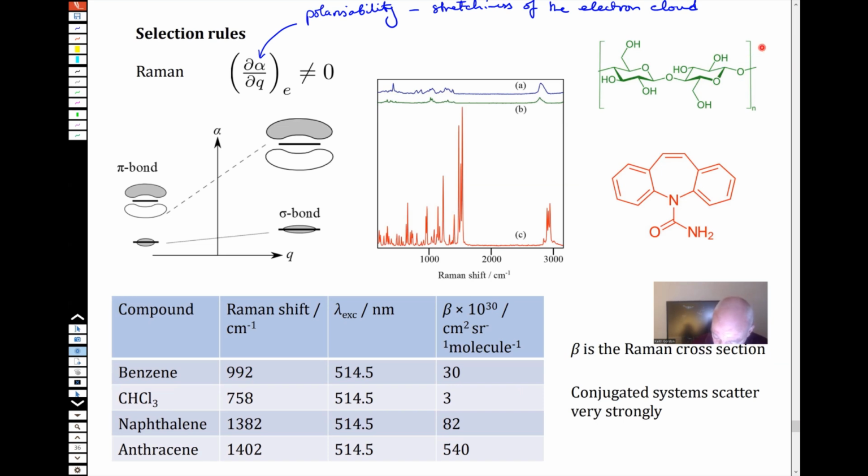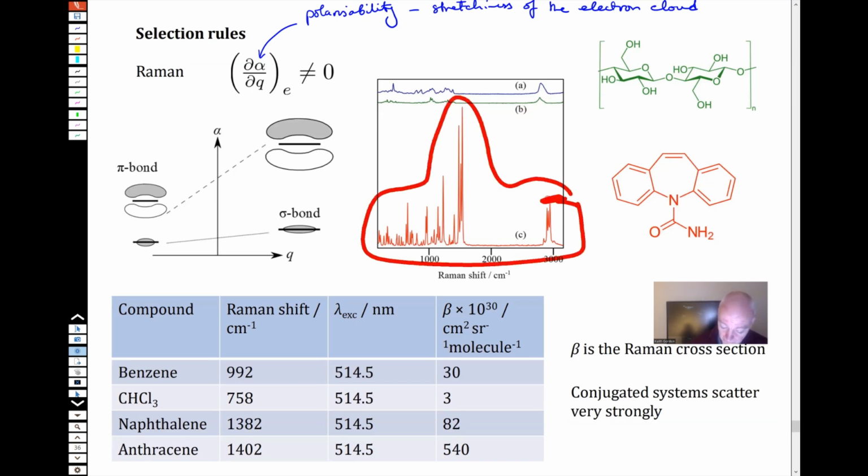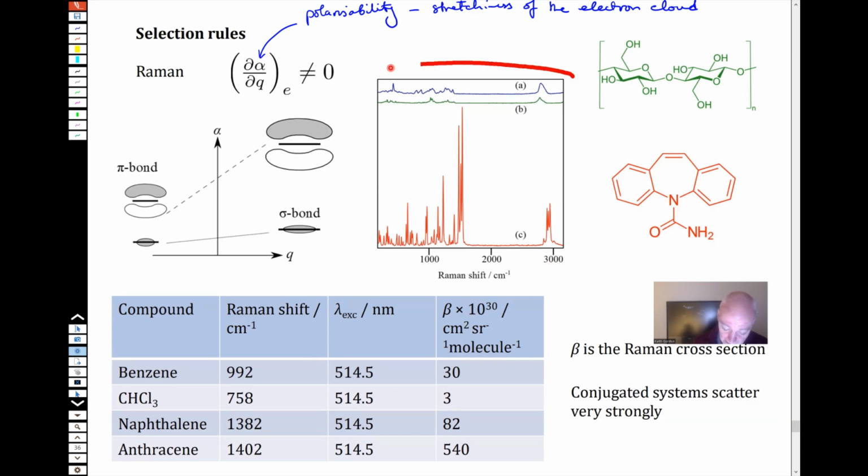This is a picture of a starchy type material, or a carbohydrate polymer. These are components in a tablet. Tablets typically contain an active pharmaceutical ingredient, which is this one here. And they also contain a starch, in this particular case.